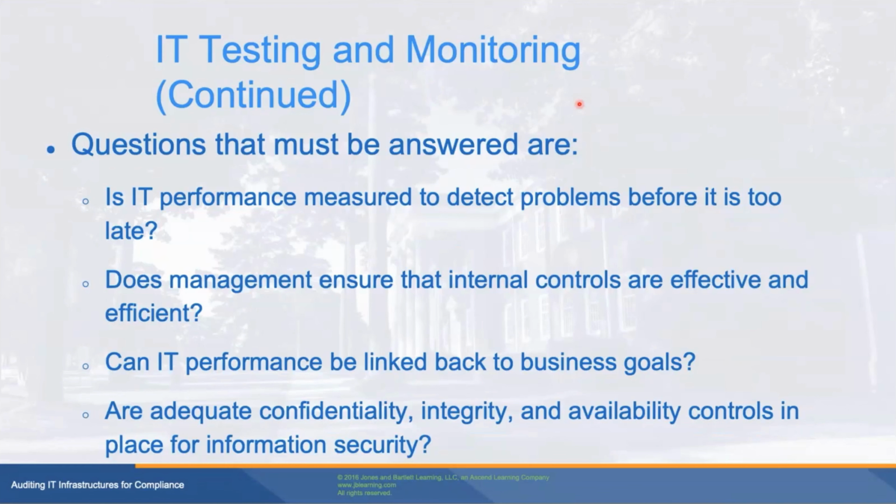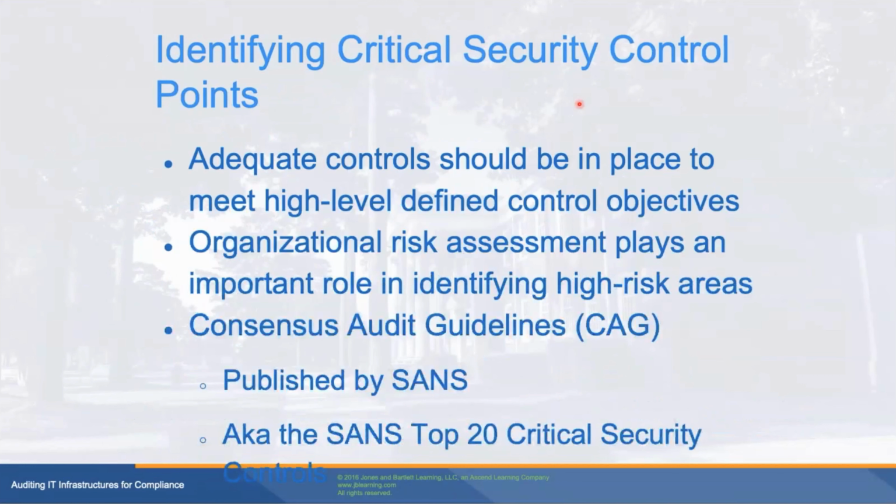Are adequate confidentiality, integrity, and availability controls in place for information security? That is, do we have enough controls? So not only do the controls we have work, do we need more? Adequate controls should be in place to meet high-level control objectives.